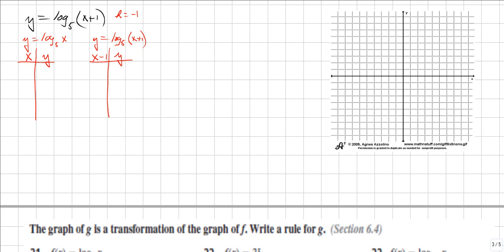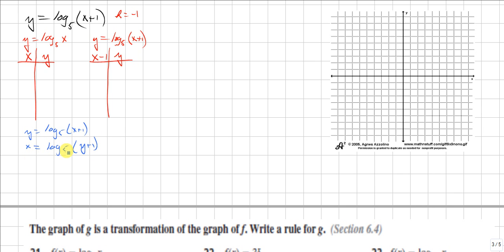Let's go ahead and find the inverse right now, and we'll put it over there, but we won't plot it immediately. So what we have is y equals log base 5 of x plus 1. We're going to switch the x and the y. x equals log base 5 of y plus 1.